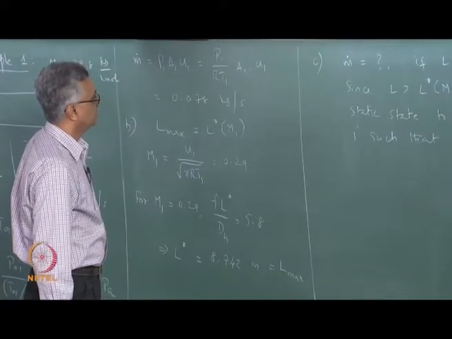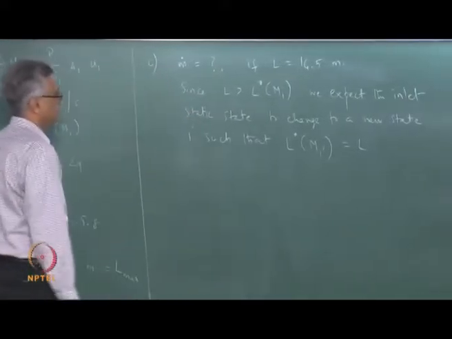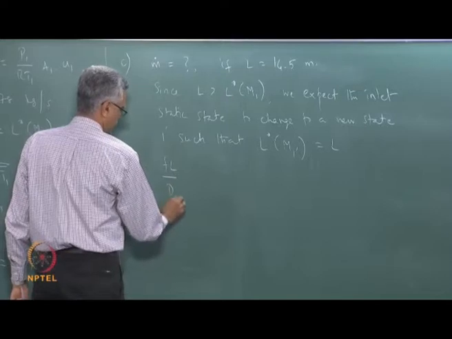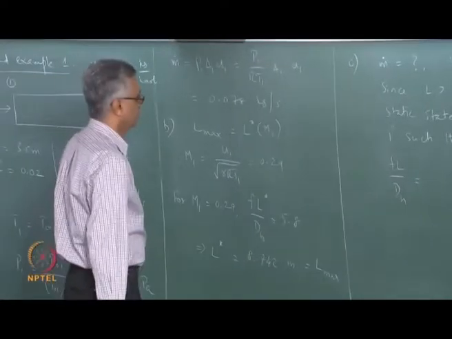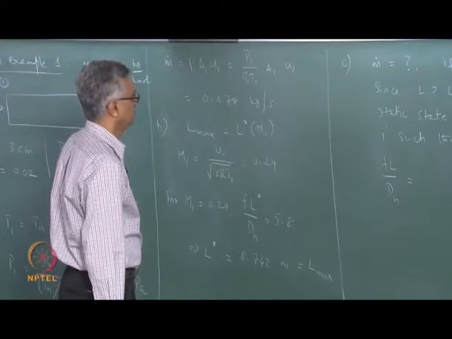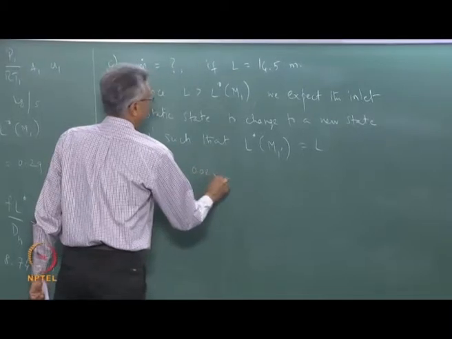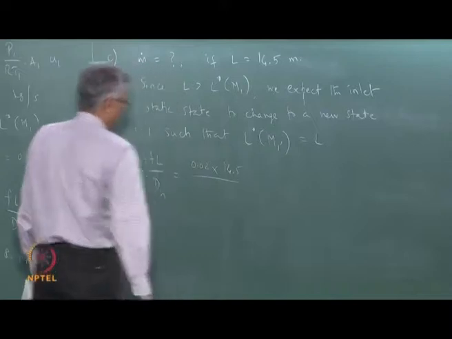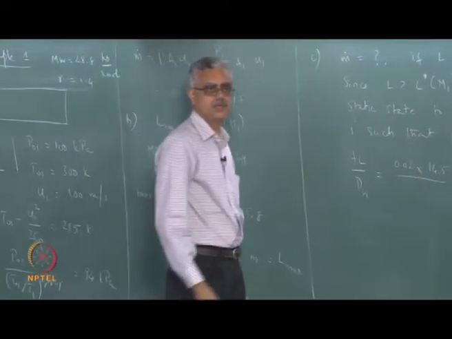So, for the given length of 14.5, right, let us calculate FL over DH. For this value it comes out to be 0.02 times 14.5 meters divided by the diameter. This is a pipe, so you know that the hydraulic diameter of the pipe is the same as the diameter of the pipe.